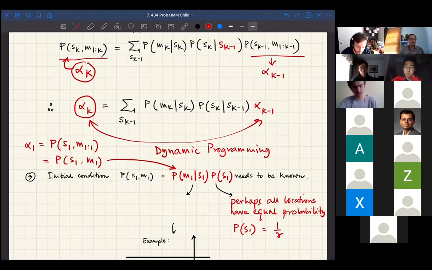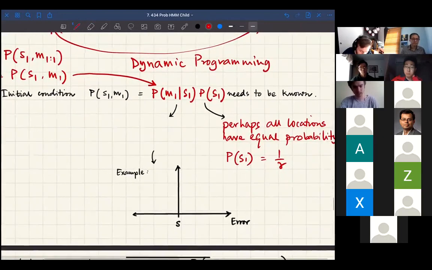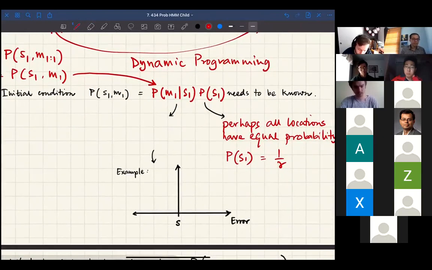Now, what is M1 given S1? This is what you get from your sensor data, the errors of sensors from the data sheet.